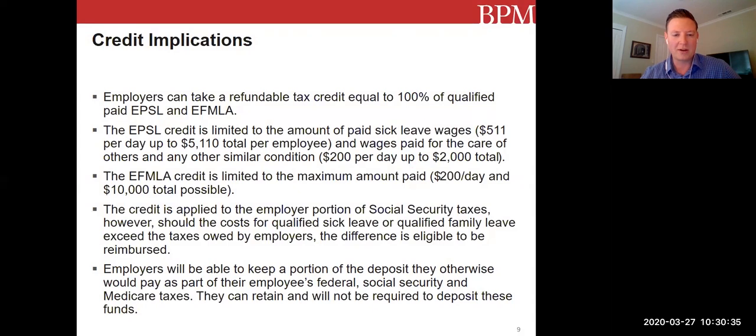For the people who are caring for others, including dependents or family members, or in many cases children, and are unable to come to work and are receiving those paid sick leave amounts, then that credit maximum is $200 per day for 10 days for a total of $2,000 per person. So these are in effect going to be the bulk of the credits that you are going to be able to utilize to help you save and pay for these outflows.